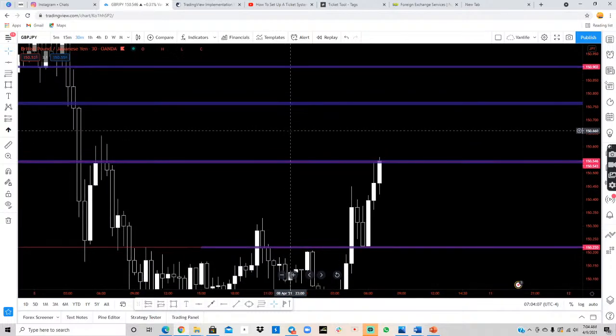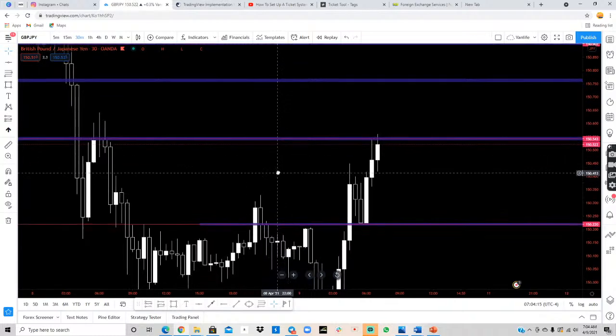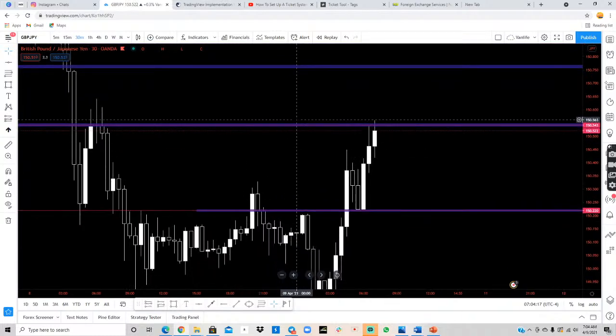And as you can see, price is currently pushing up, but at this point you can't take a buy, so you definitely need a candle to close above this area.